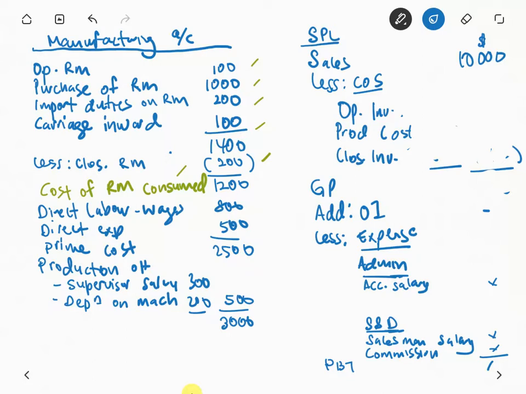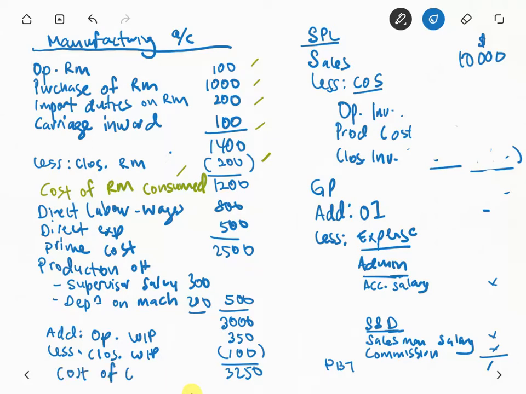For tutorial 5, our answer stops here. Tutorial 6, tutorial 7, we got another 5 columns. But today I add in 2 columns first. You add opening work in progress, less closing work in progress. 3,250.